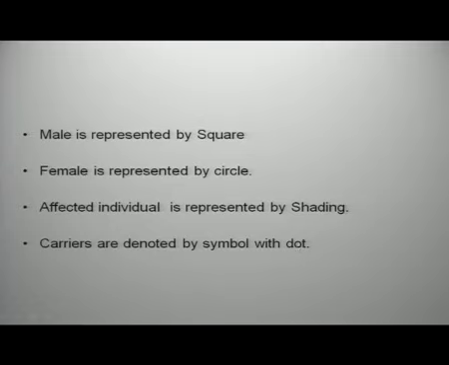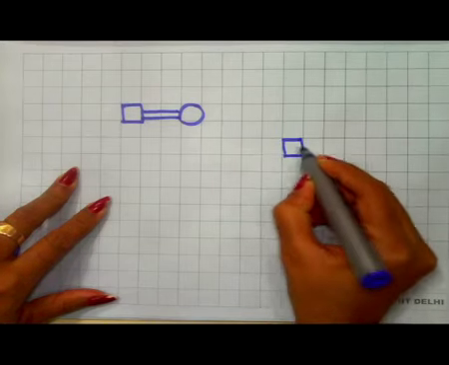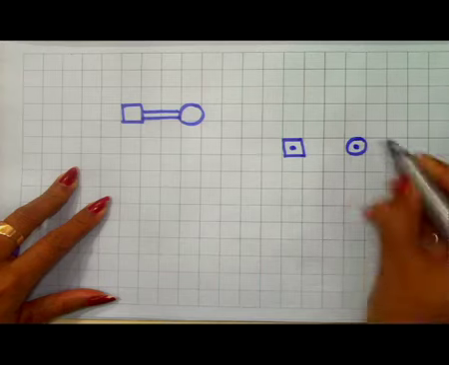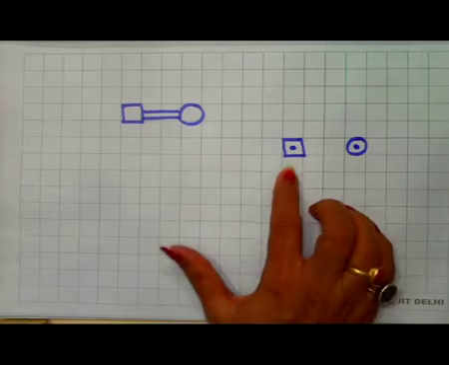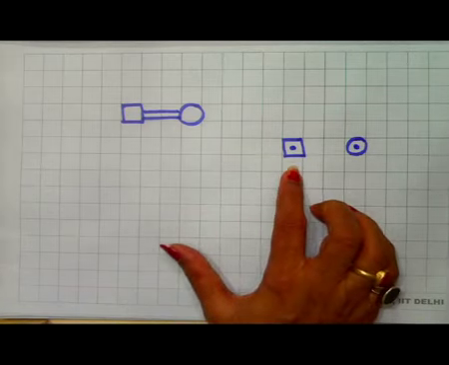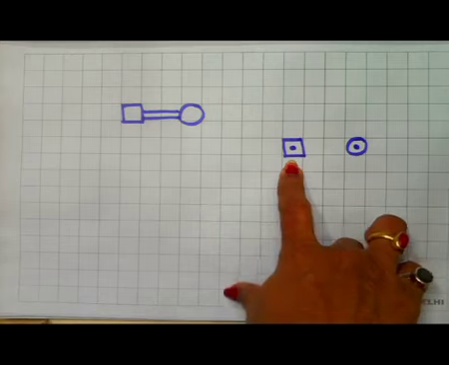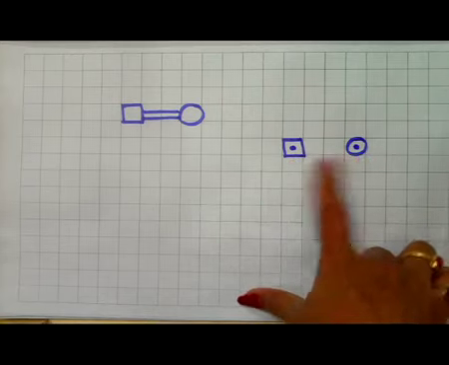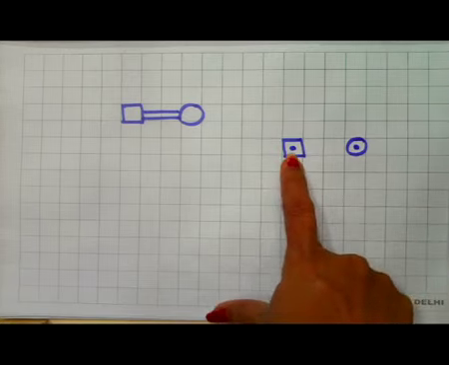For example, this is an affected male and this is a carrier male and this is a carrier female, not affected. So, carriers are represented by putting a dot at the center.